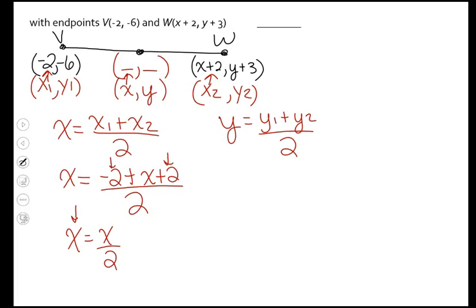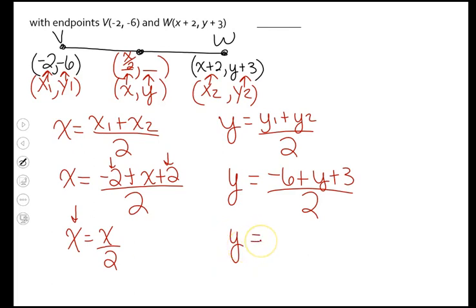Over here, I have y, that's my unknown. Here, I'll write x over 2. y is my unknown. y1 is -6. y2 is y plus 3, over 2. y equals, I combine like terms, -6 plus 3 is -3 plus y, and that is my y coordinate.